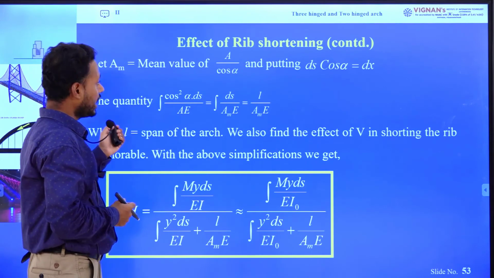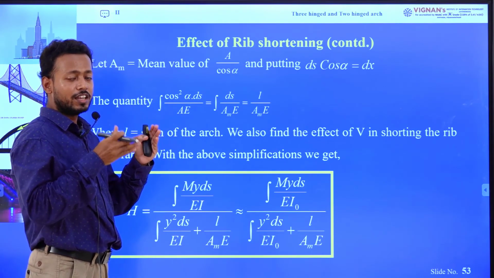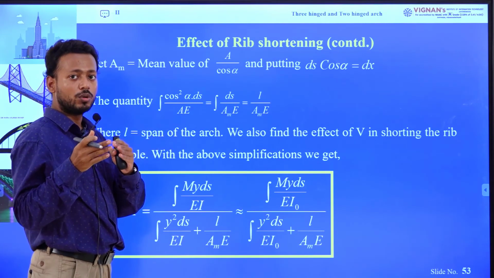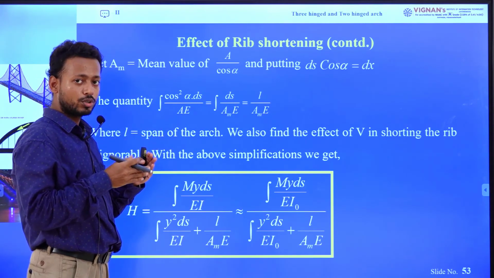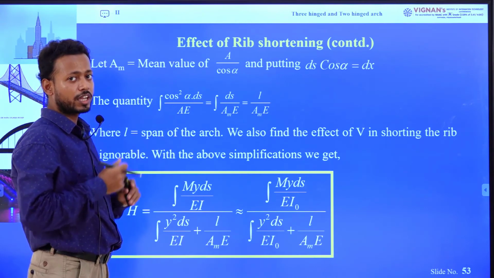So as the cross section of the arch decreases towards the crown and increases towards the support, we will consider an average cross section to simplify the calculation.